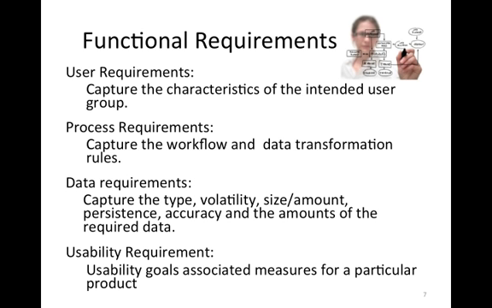You are going to figure out how users are going to interact with your system this week. That's the goal of this week. Next week, we're going to think about process requirements, workflow, and data transformation rules. We'll spend all next week talking about that.